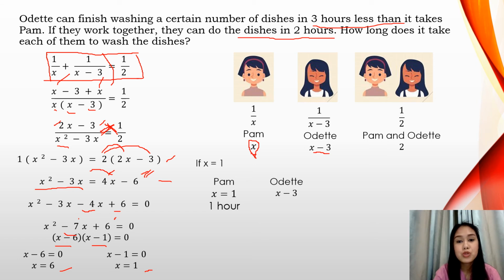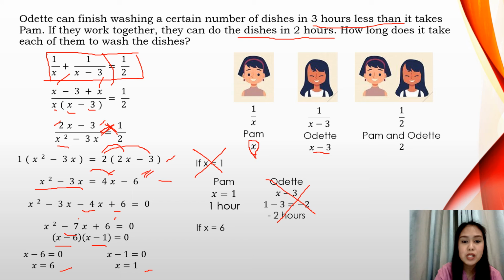But if we use x equal to 1 in Odette as x minus 3, we'll get negative 2. Since we get negative 2 hours, that would not be possible. So therefore, we cannot use x is equal to 1. But that's okay, because we still have another value of x, which is positive 6.